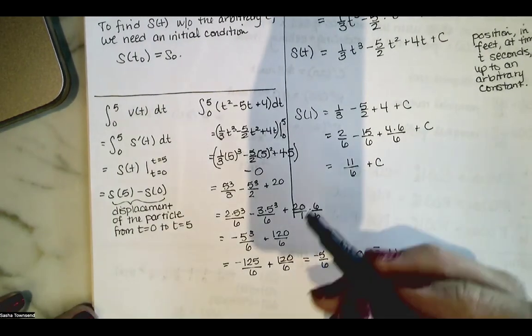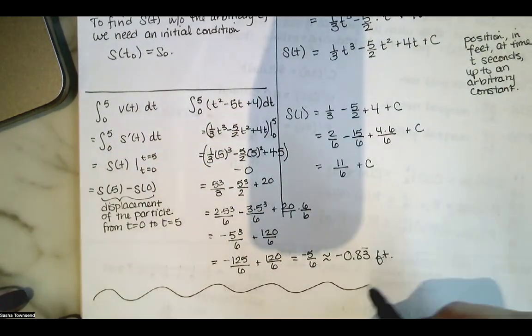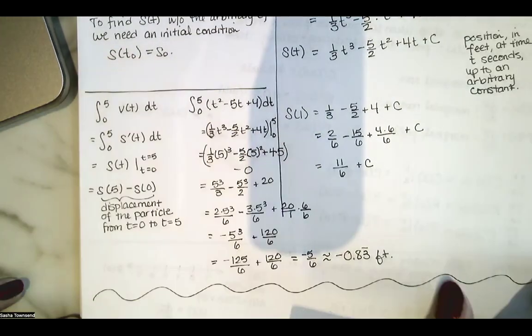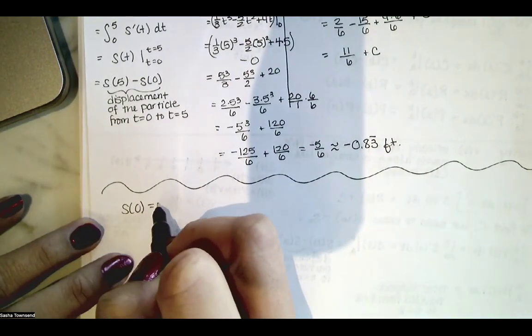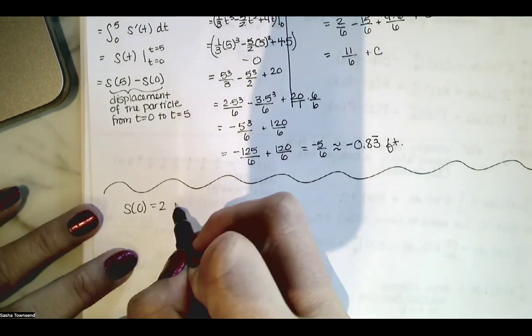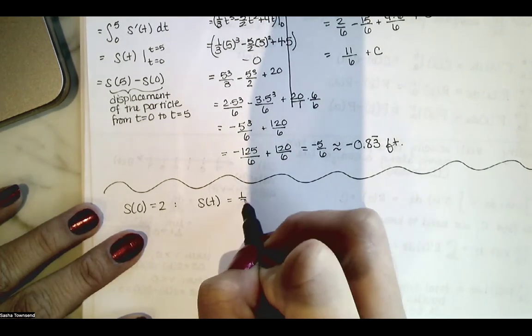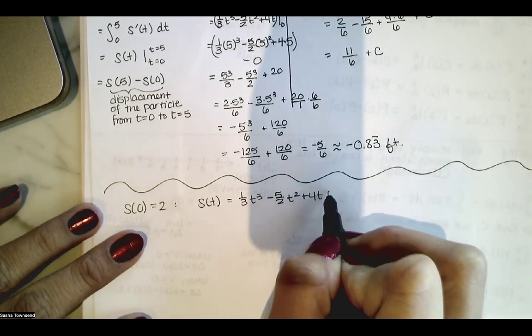Now, when we were solving the differential equation subject to the initial condition, we said that S of 0 was equal to 2 because we were told that initially our particle was at position 2. So S of t in this case was 1/3 t cubed minus 5/2 t squared plus 4t plus c.